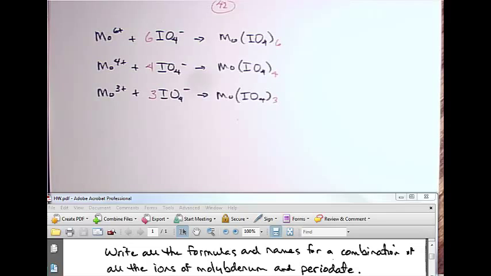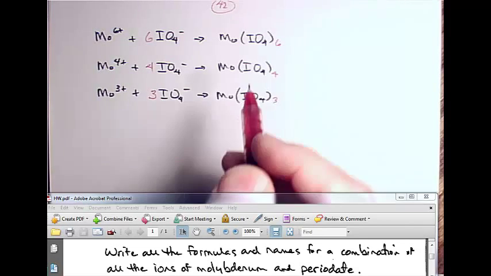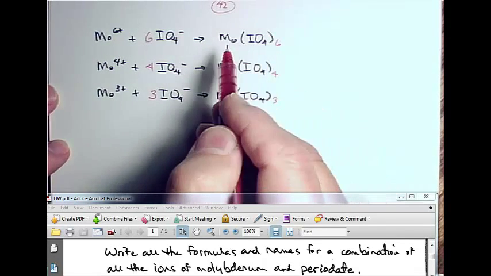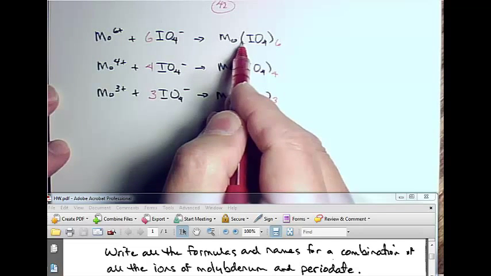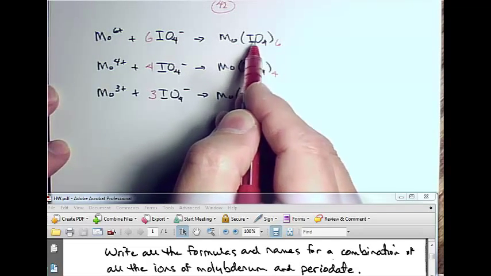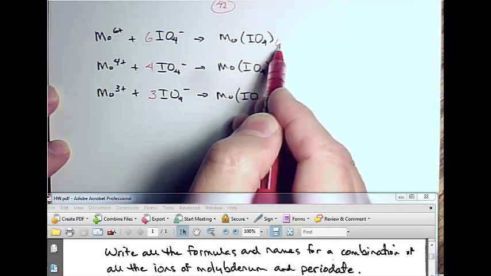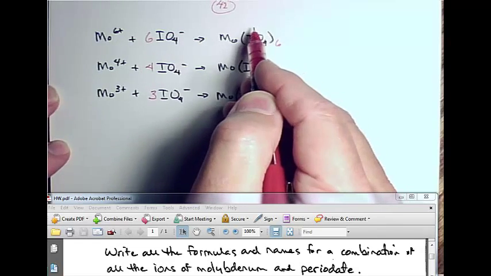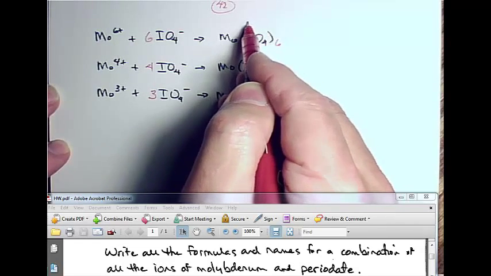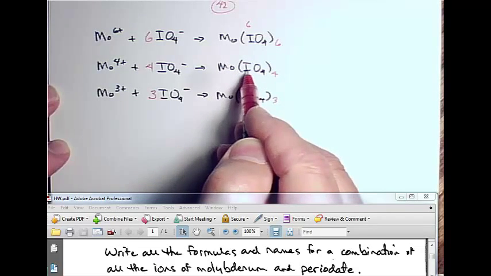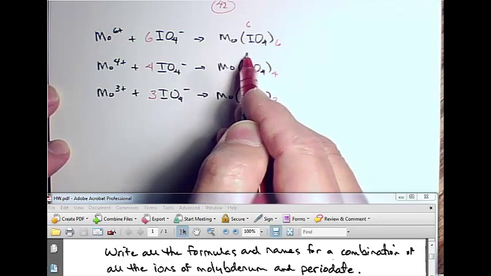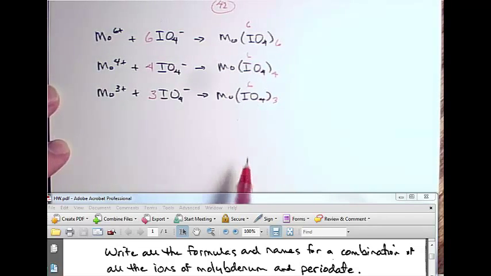Okay, so let's see. Each of these formulas are worth 6 points. 1, 2 for the parentheses, 3, 4, 5, and the 6 down here is a point, so that's a total of 6 points. 1, 2, 3, 4, 5, 6. So all these are worth 6.